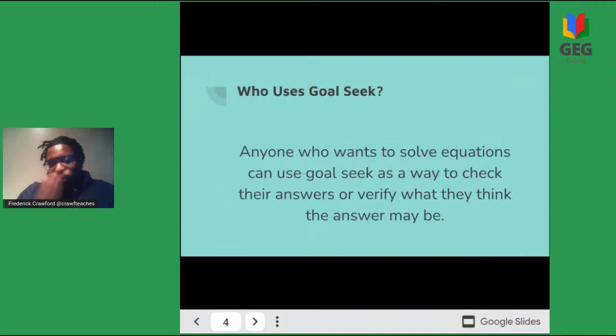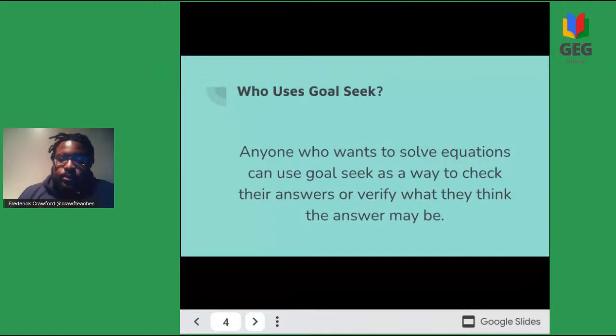So who uses GoalSeek? Anyone who really likes math that much. But I do want to add, even though I do have my students here, they will not be able to use GoalSeek simply because the district doesn't allow it. The only way they will be able to use GoalSeek is through a personal email account.